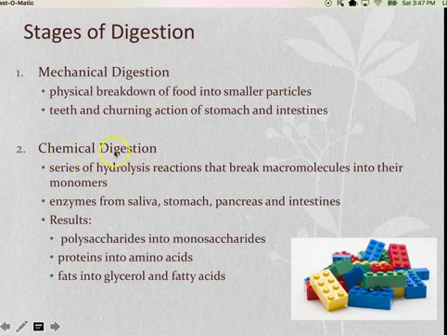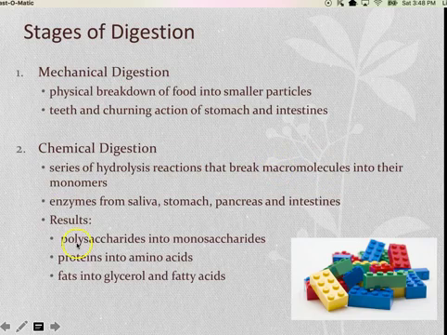Now, chemical digestion, now we're actually causing reactions to take place. So hydrolysis reactions more specifically. And if you remember back to what a hydrolysis reaction is, basically hydrolysis is simply adding in a water molecule to break bonds. Okay. So they'll break the larger macromolecules into the monomers.